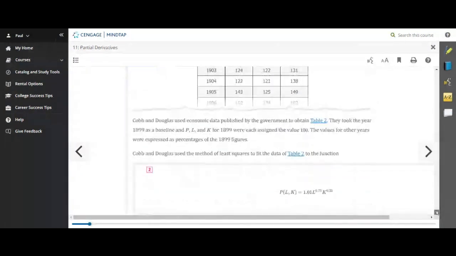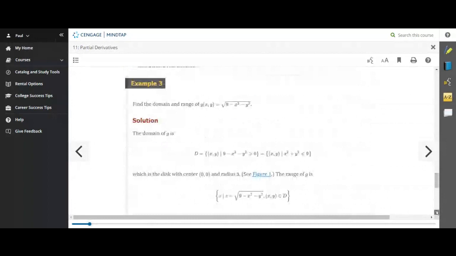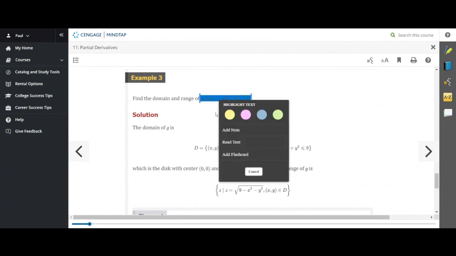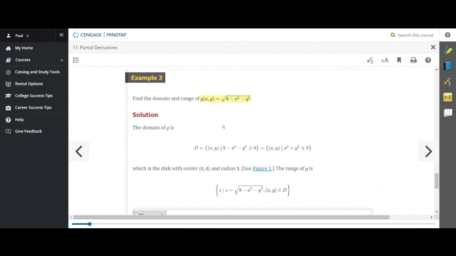All right, and in example 3, of course, whenever we talk about functions of variables, we always have to talk about domain and range. So here you have a function g of x y equals the square root of 9 minus x squared minus y squared.